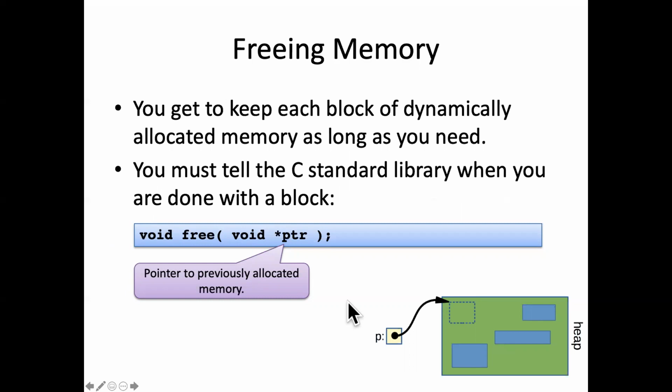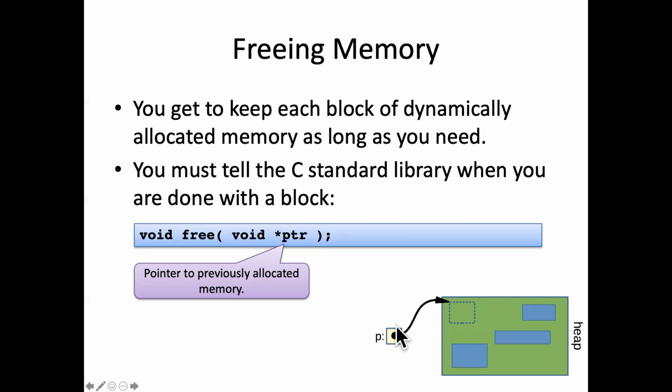There's a function called free, and you give it a pointer that you previously got from malloc. So if you're using free, you only want to free pointers that you got from malloc. This gives the memory back to the C standard library, like my picture tries to show.